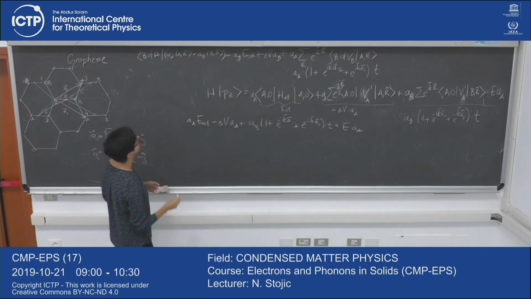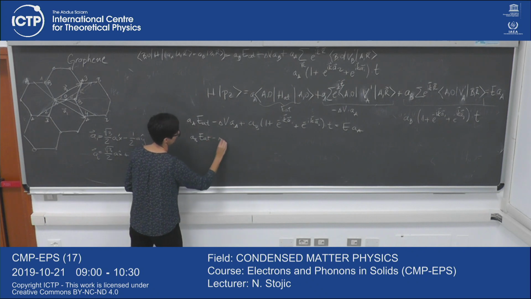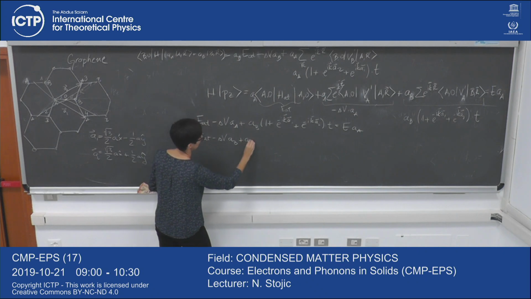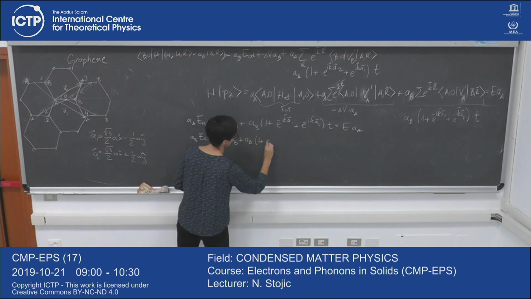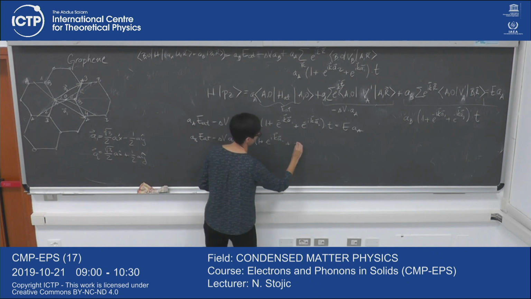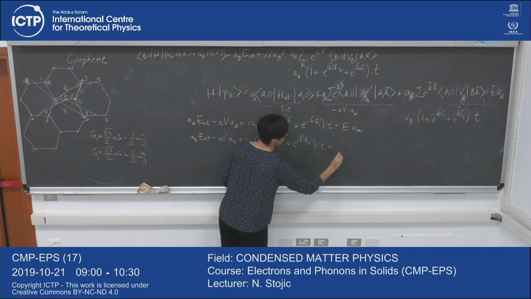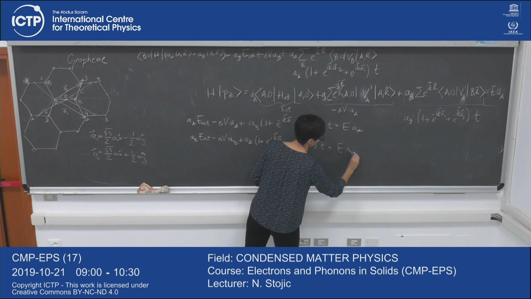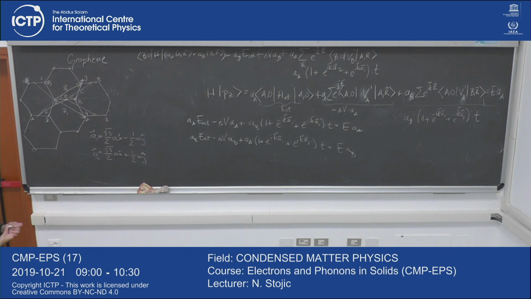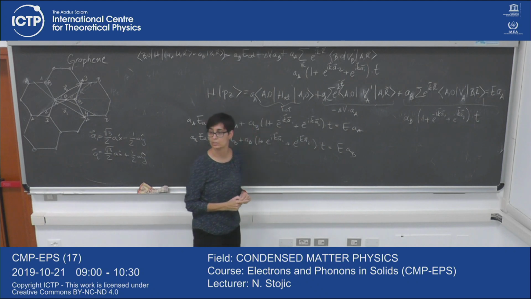This is the first, and the second one is AB atomic minus delta V AB plus AA 1 plus. So we have to solve this for AA, AB, and the energy. This is what we want.